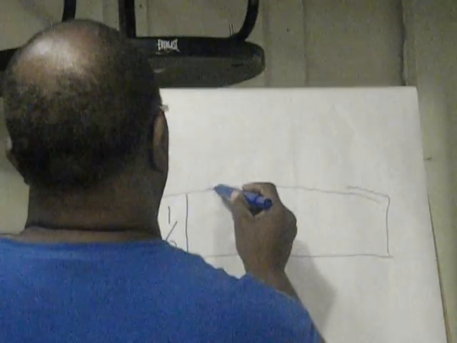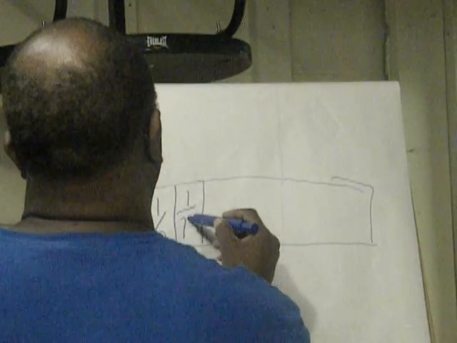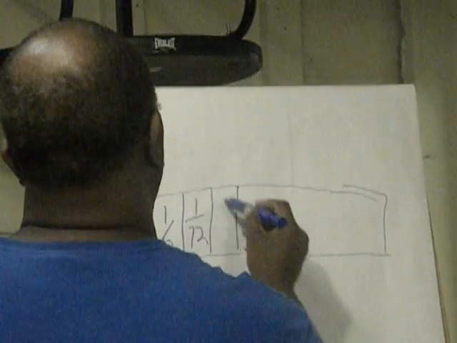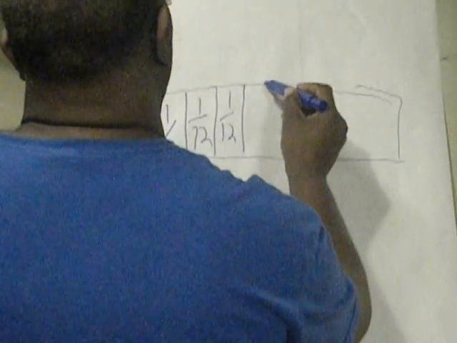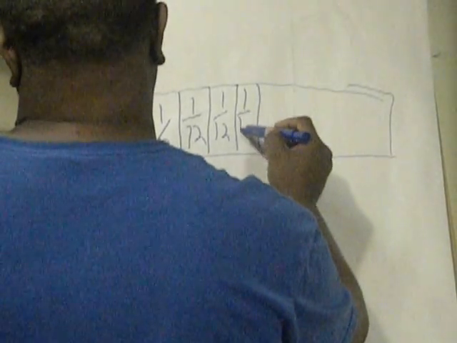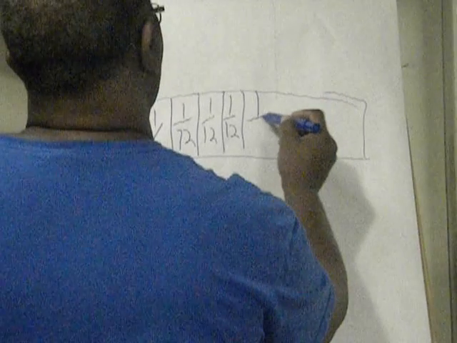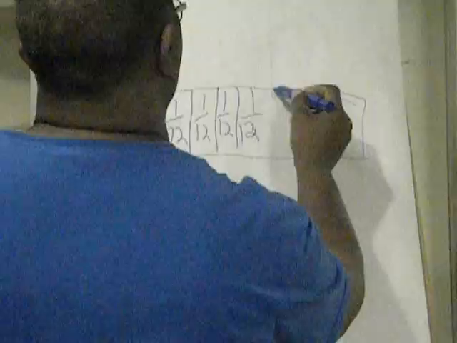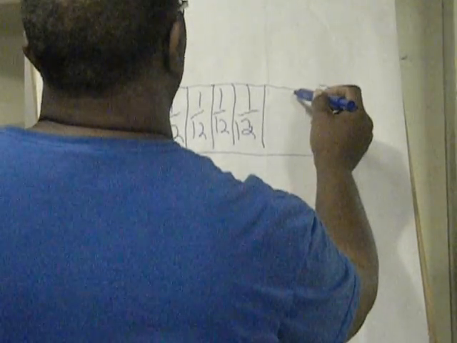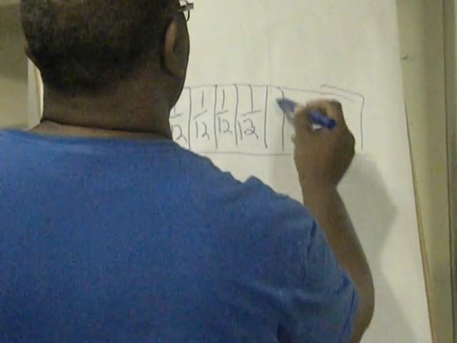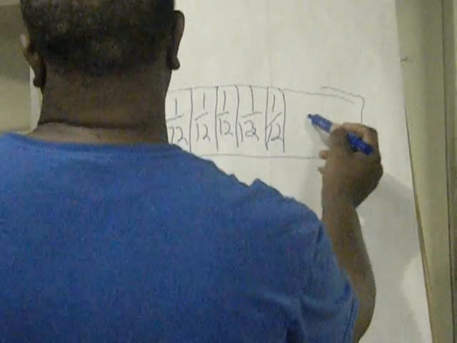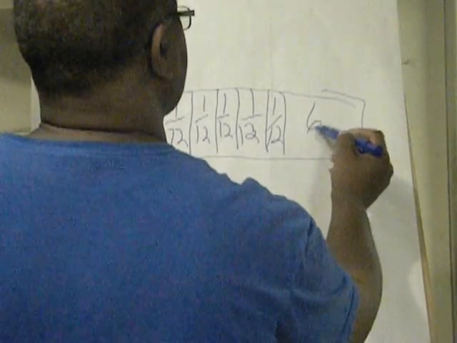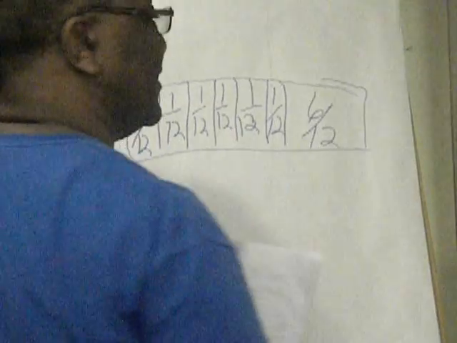Using 12: 1 over 12, 1 over 12, 1 over 12, 1 over 12, 1 over 12, and one more to go, 1 over 12. Which equals 6 over 12.